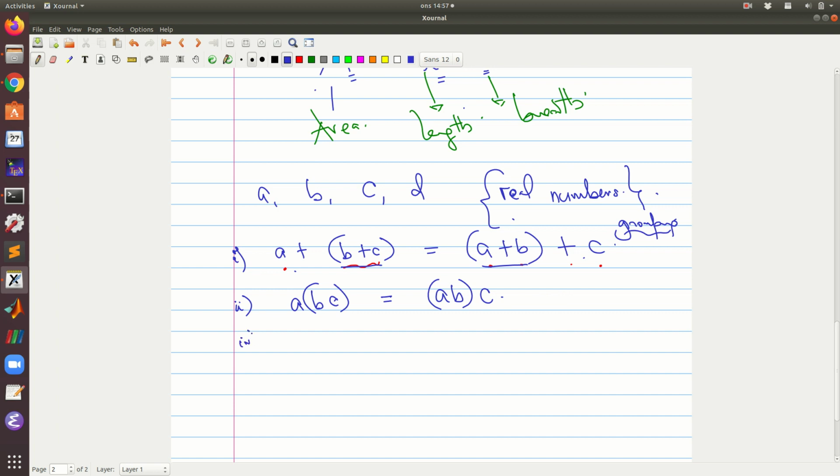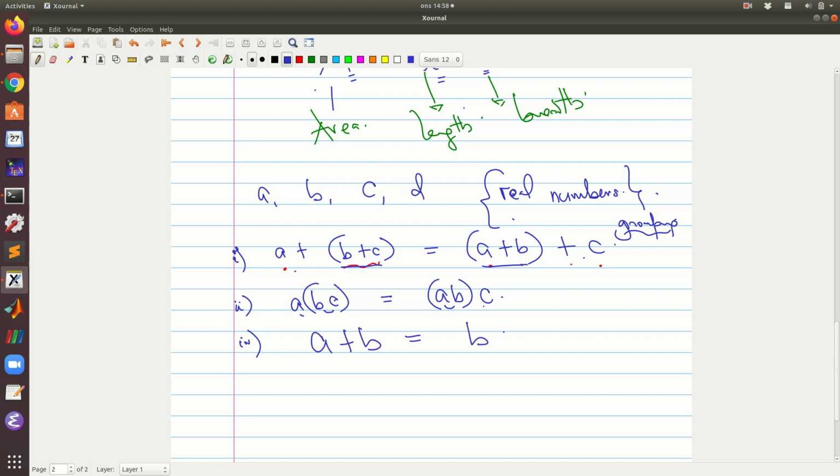The associative law for multiplication. You could first multiply these together and then multiply with this, or you can first multiply these and then you multiply with the C.